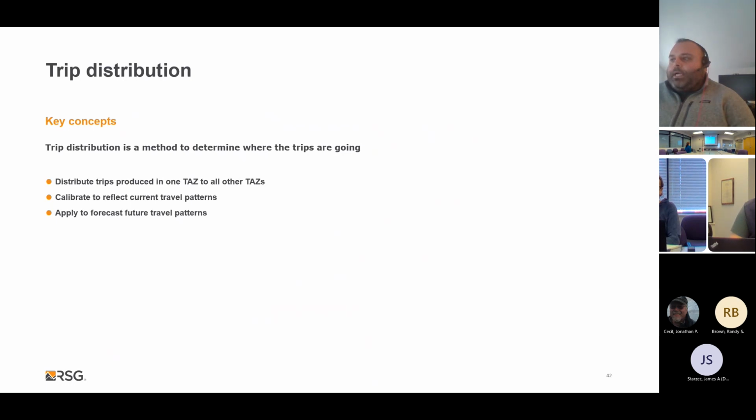And here we're focusing on distributing those trips produced in one zone to all the other travel analysis zones based off the zone attractiveness. And the way that we calculate what the zone's attractiveness is based off the skimming, or the path skimming, or the cost impedances.